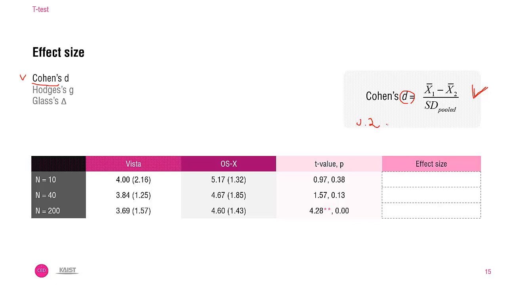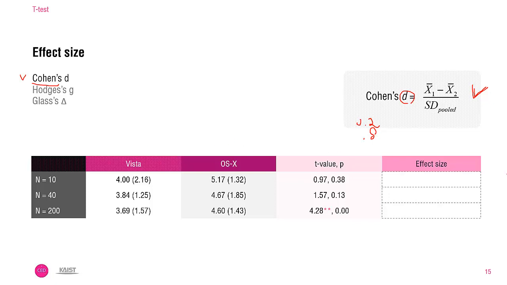When the absolute value of d is above 0.8, the effect size is known to be big, or you can conclude that the effect size is big. And when the absolute value of d is between 0.2 and 0.8, it is known to be a medium size of effect.